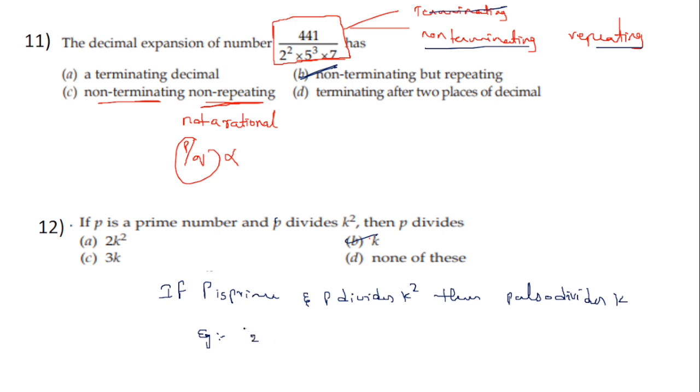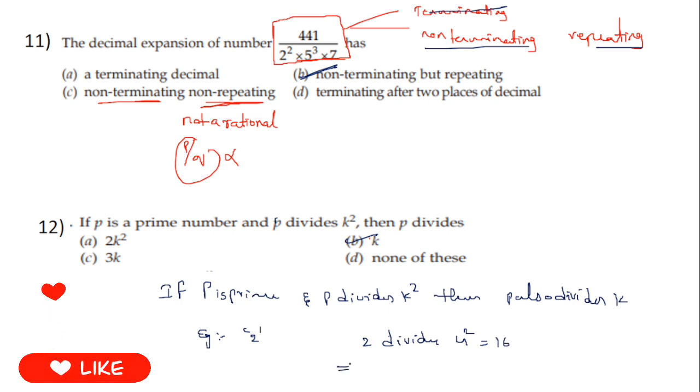For example, if you take 2, 2 divides 4 square, which is 16. That means 2 divides 4. Am I right? Another example.